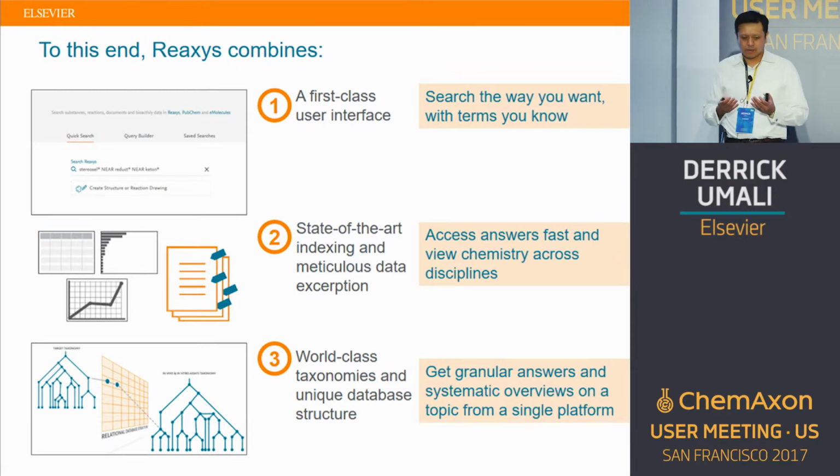One of the things we are coming up against is that we have 16,000 journals, but we can only focus our excerption on 400 core chemistry journals with the manual excerption.